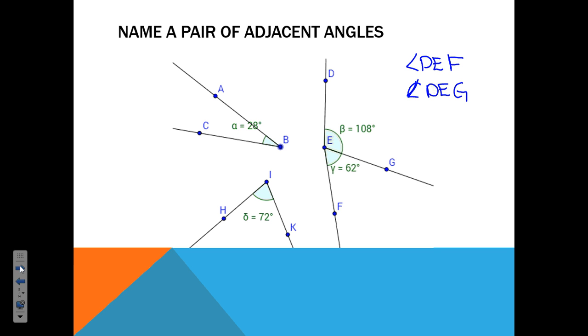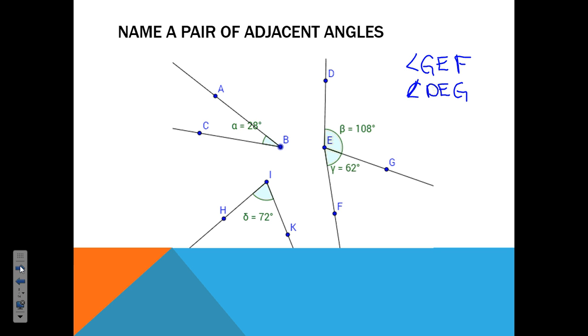Why not? They share G and any interior points over here that we could possibly draw, so almost. Let's take DEF out of the picture because that's too large, right? Angle DEG is adjacent to what? Peyton. GEF. Everyone agree? And remember, we could have called it FEG and GED, and that's okay.